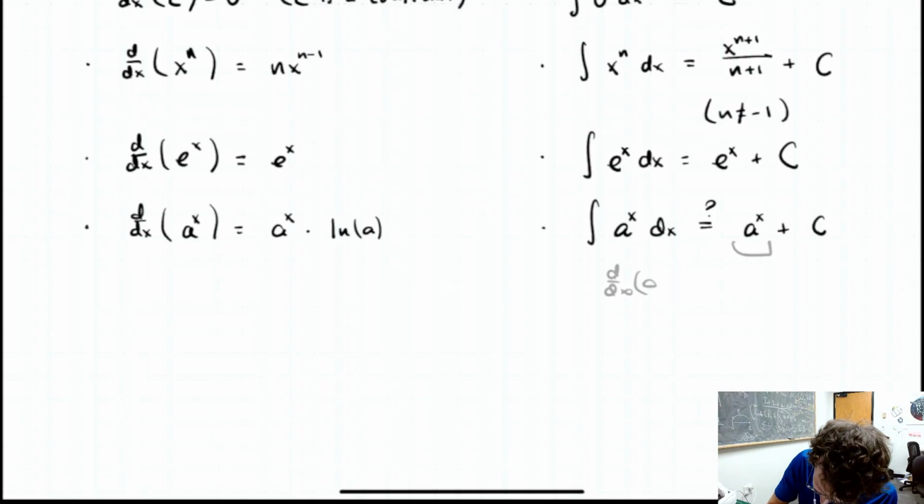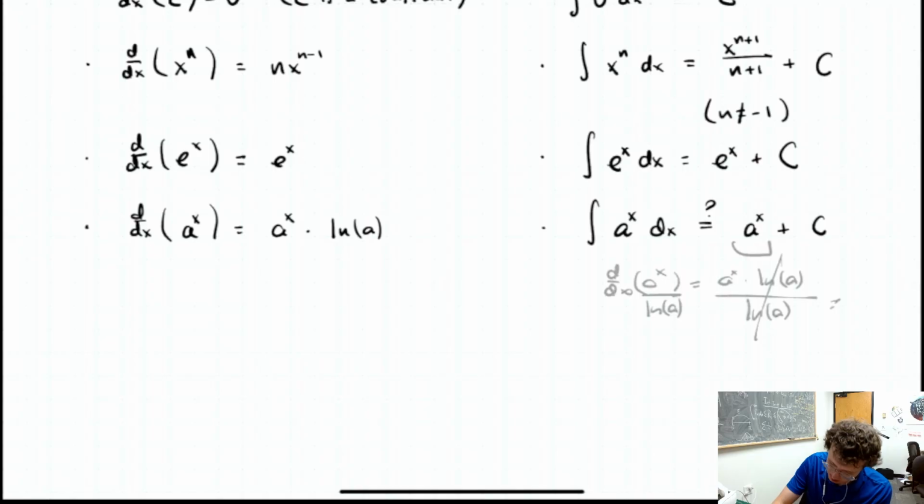But that's not right. We're going to get a to the x ln of a. But I just want to get a to the x, so I need to divide by the ln of a. So if I want something whose derivative is a to the x, I should take a to the x divided by the natural log of a.